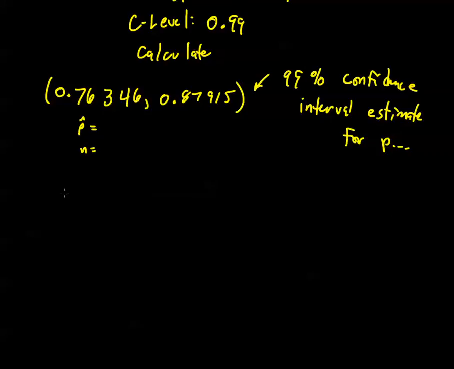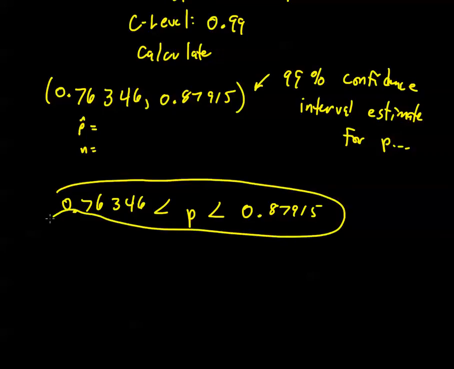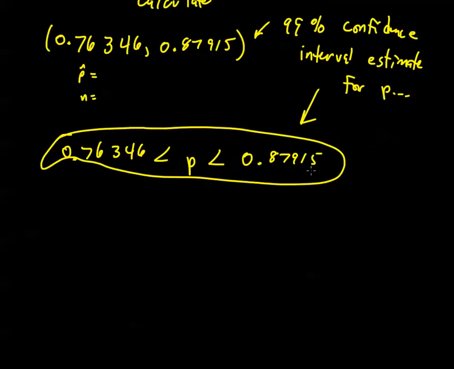In inequality notation, which our author would probably use in our solutions manual and our examples in the text, this is another representation of our 99% confidence interval estimate for p. And we tend to favor this representation because you actually have to put the quantity you're estimating in the answer.